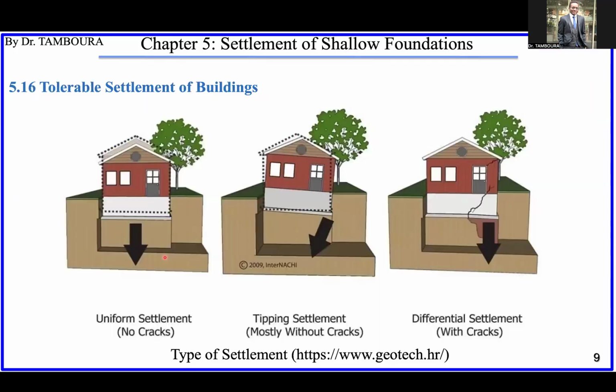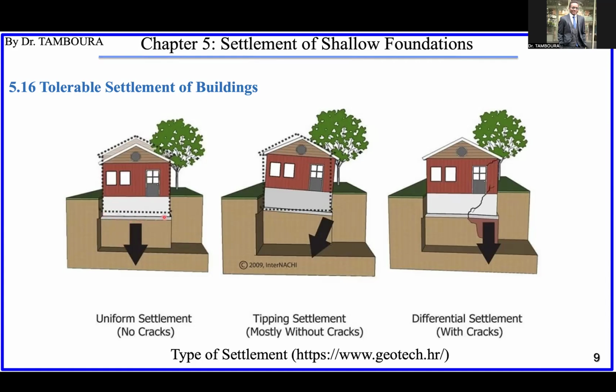Okay, so as I was saying in the introduction, we have different type of settlement of a building. Now we are not talking about settlement of a foundation, a single foundation anymore. We talk about settlement of the whole building. Okay, so you may have this kind of situation where the whole building is settling uniformly.